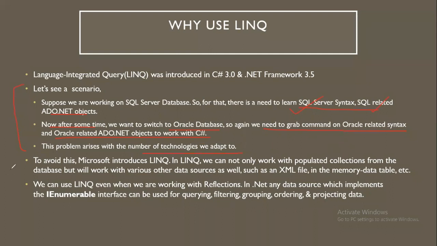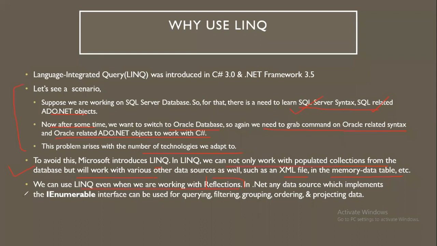Now, to avoid this particular problem, Microsoft introduced LINQ. In LINQ, we can not only work with populated collections from a database, but also with various other data sources like XML files or in-memory data tables. We can use LINQ even when we are working with reflection. Reflection is an API like collections in the .NET Framework.